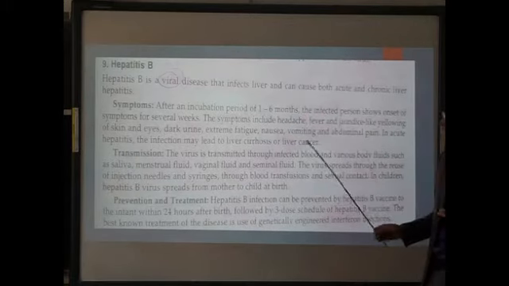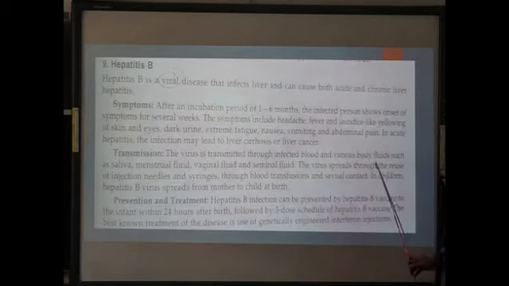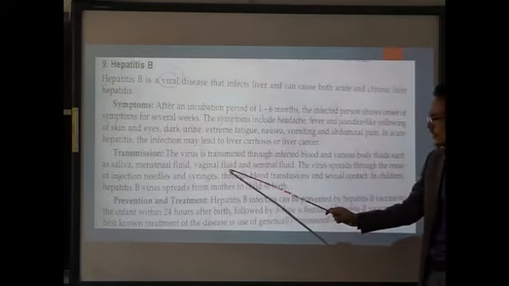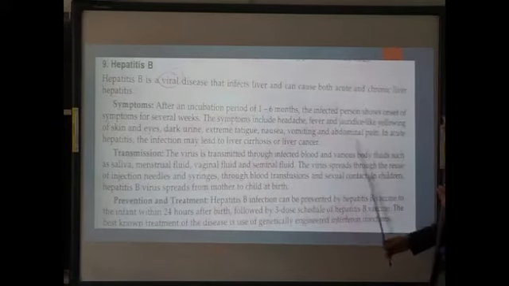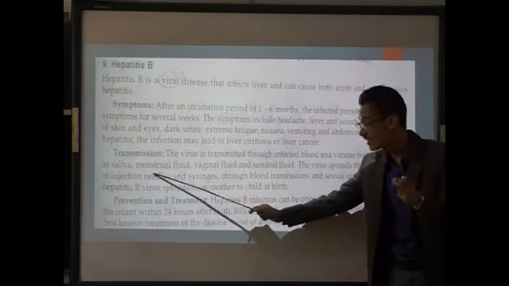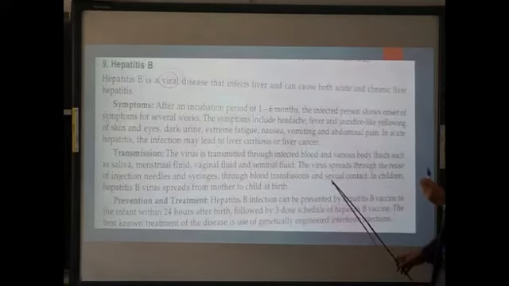Now transmission: it is transmitted through the blood and various body fluids such as saliva, menstrual fluids, vaginal fluids, and seminal fluids. The virus spreads through the reuse of injection needles and syringes, through blood transfusions, and sexual contact. Let me clear it for you, very easy.